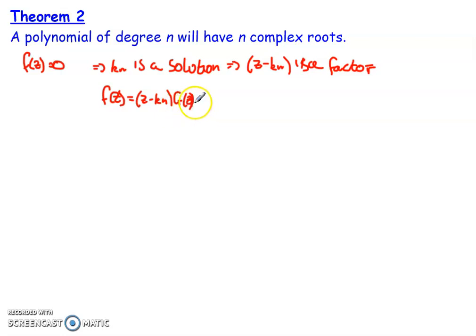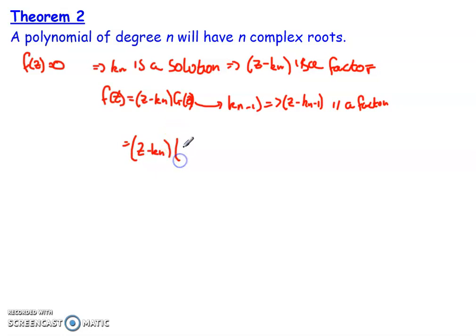Then I can look at g of z and say, fine, so g of z has to have a solution k_{n-1}. So what that means is for g of z, z minus k_{n-1} is also a factor. So I can then rewrite it again as z minus k_n, bracket, z minus k_{n-1}, times, again, let's call it another polynomial, h of z.